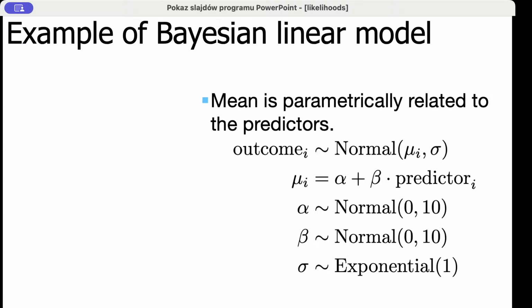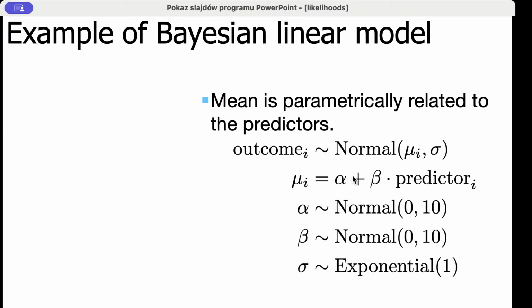An example of a Bayesian linear model is creating a relationship in the model, saying that our mean is not actually a fixed mean of a normal distribution, but for each of the measurements, the mean value of the actual phenomenon of interest that is related to the measurement is related to the predictor in a linear fashion.